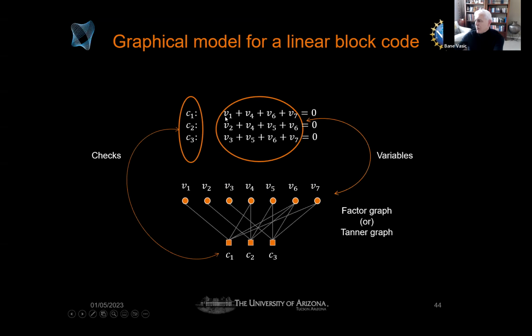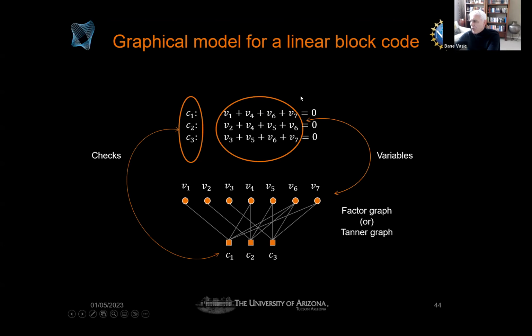We know that there will be some linear combinations, given by the parity-check matrix, that will result in zeros. These linear equations, we will call them checks. There are 3 checks here corresponding to 3 linear equations, and there are 7 bits.